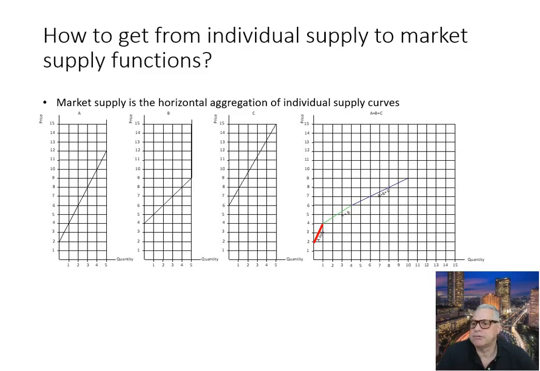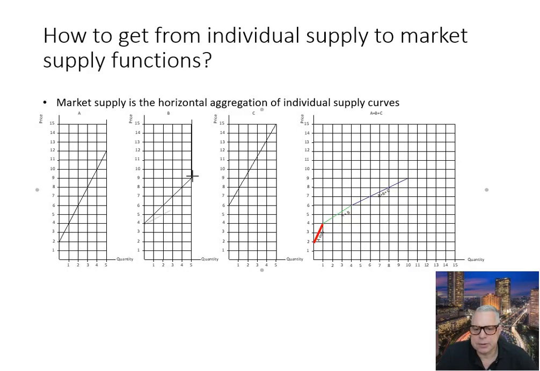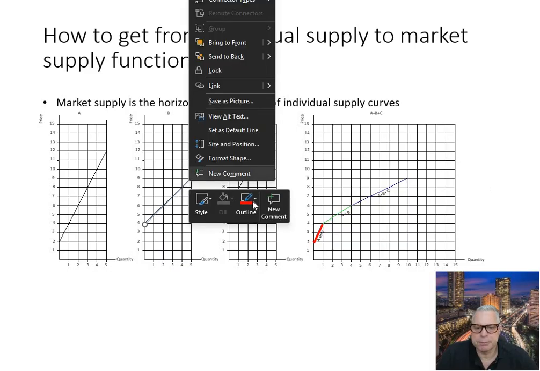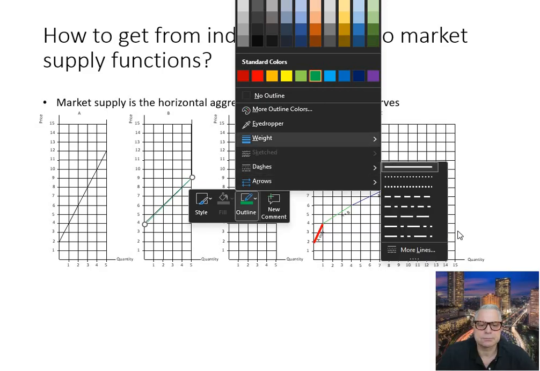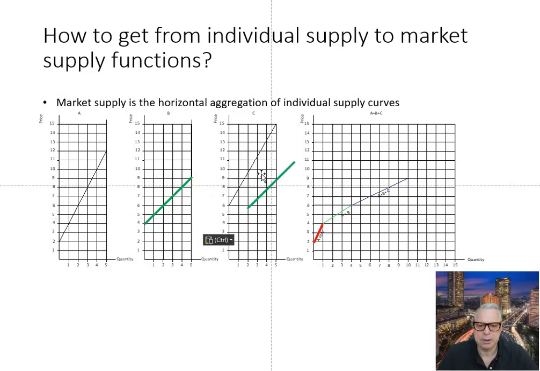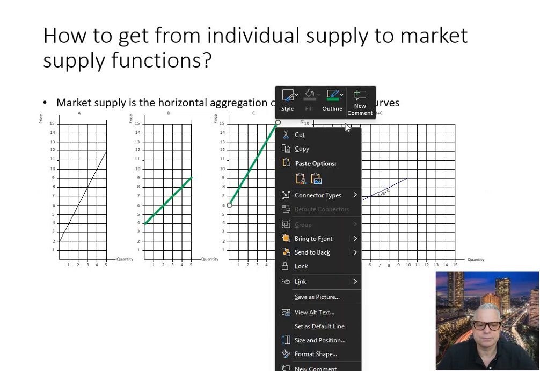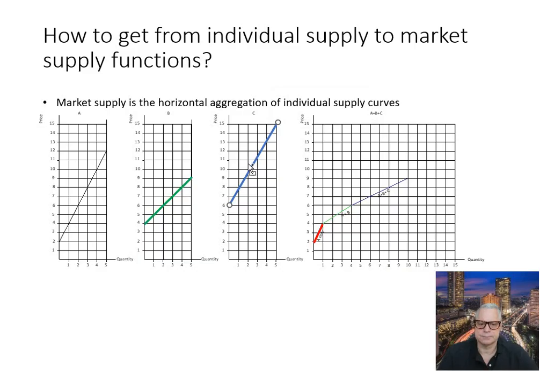But actually, before we do that, let me quickly draw those curves so we can see them a little bit better. So maybe that is green. Okay. And maybe this is blue. Okay. And the first one was red.